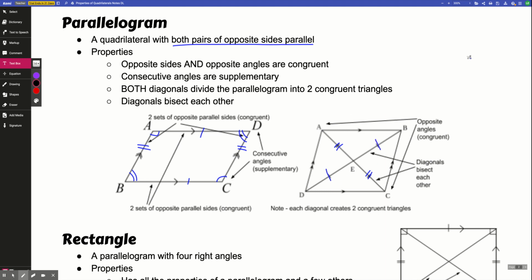And then the last thing you want to remember for parallelograms is that the consecutive angles, meaning right next to each other, you heard me call them leg angles when I was talking about trapezoids, the ones that are consecutive are supplementary for the same reason that they were supplementary for the trapezoid. You have the two parallel lines cut by a transversal.